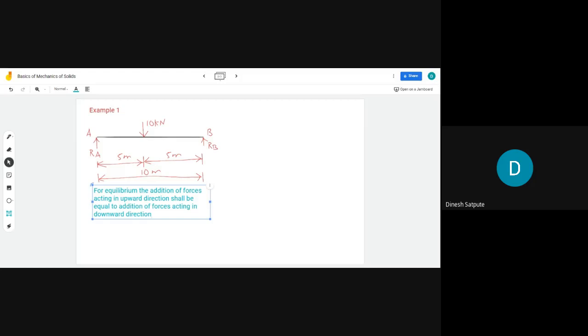Correct? So this is the generalized statement that you should know. You may consider this as the first step that you have to follow.